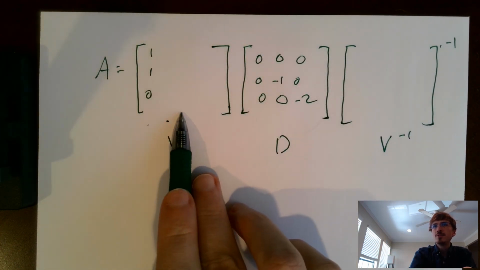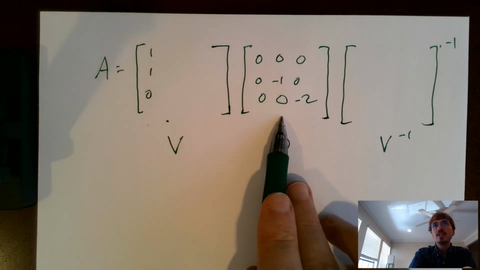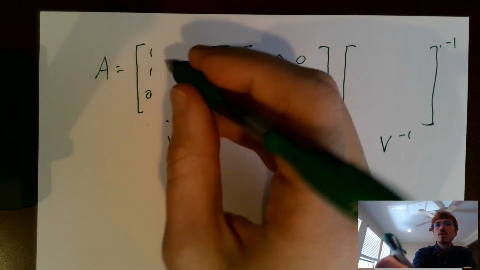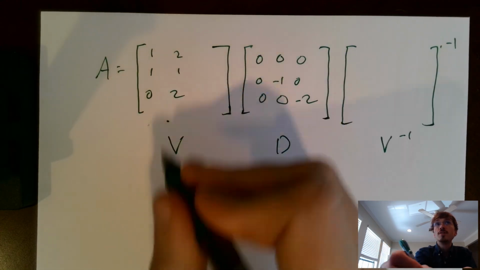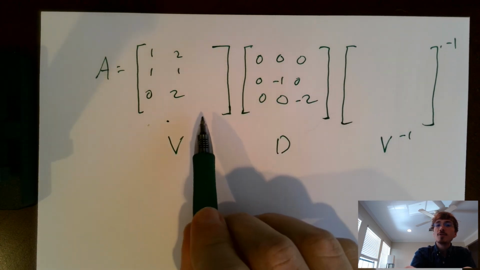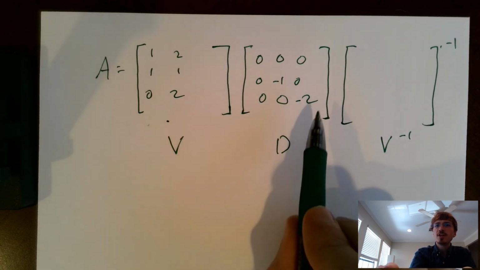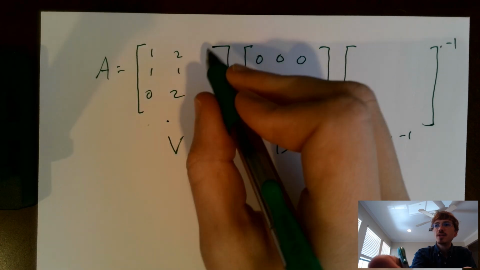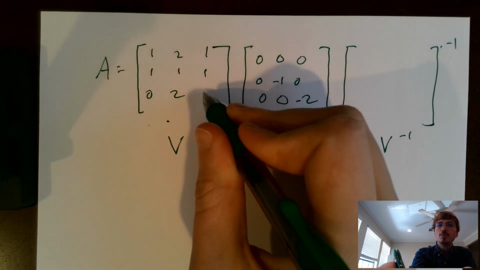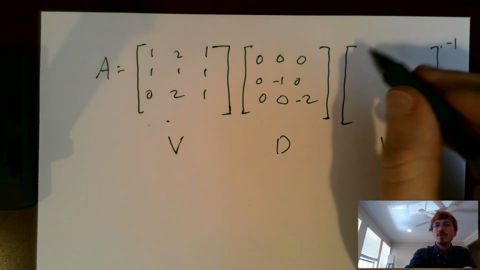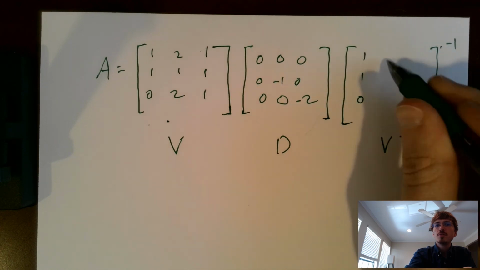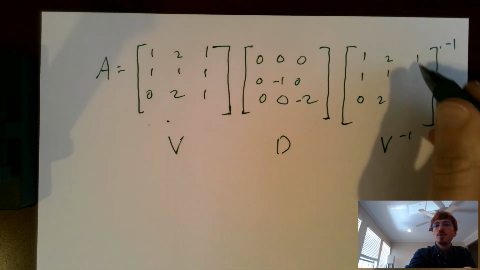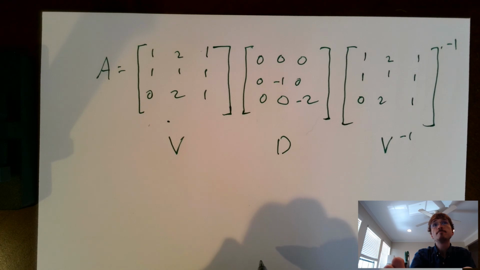The next column is the basis for the eigenspace corresponding to lambda equals negative 1, which we called 2, 1, 2, I think. And the third column of V is the basis for the eigenspace corresponding to lambda equals negative 2, which is 1, 1, 1. And now I just copy that here, 1, 1, 0, 2, 1, 2, 1, 1, 1. Yeah?